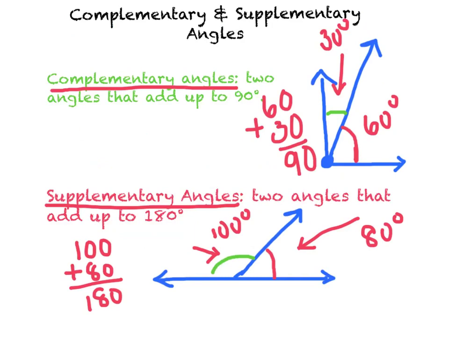I've heard things like they remember that a complement should be, a small complement is kind of nice, so they remember that the complement is smaller, the 90 degrees is smaller than 180, or sometimes they think about supplementary. A supplement is kind of like a vitamin is a supplement, so they think about that being something that you add or more. So then they can use that to remember that the 180 degrees is supplementary.